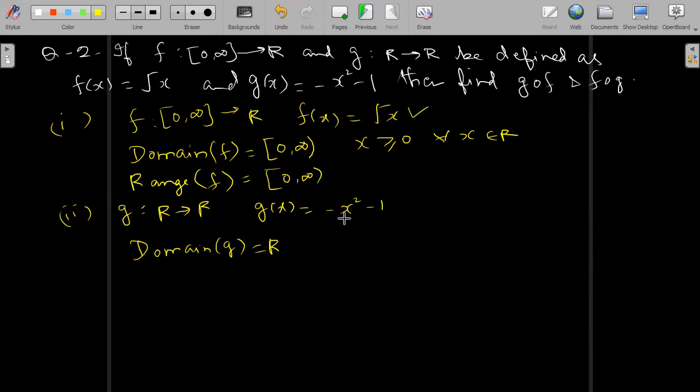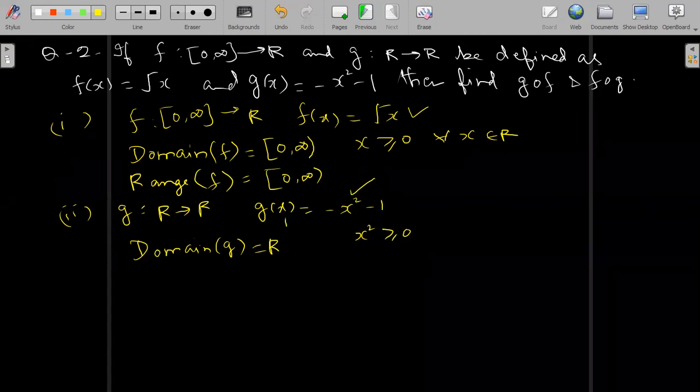But for finding the range of g, x square is always positive. From the right hand side you can check what will be the values when we put the value of x. So x square is always positive. And in an inequality, if you multiply both sides by minus, the inequality will change. Why?